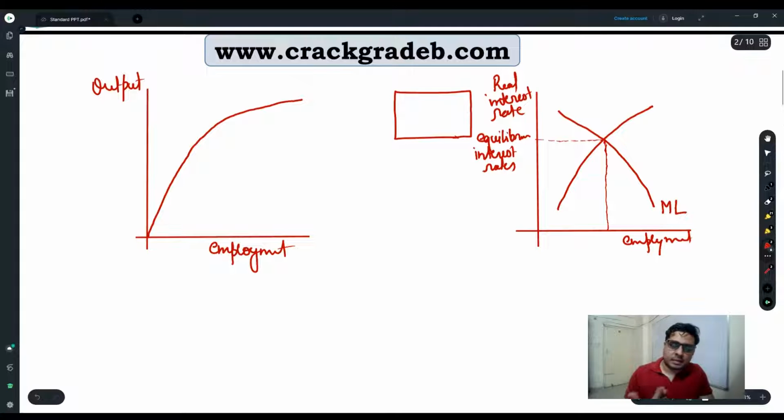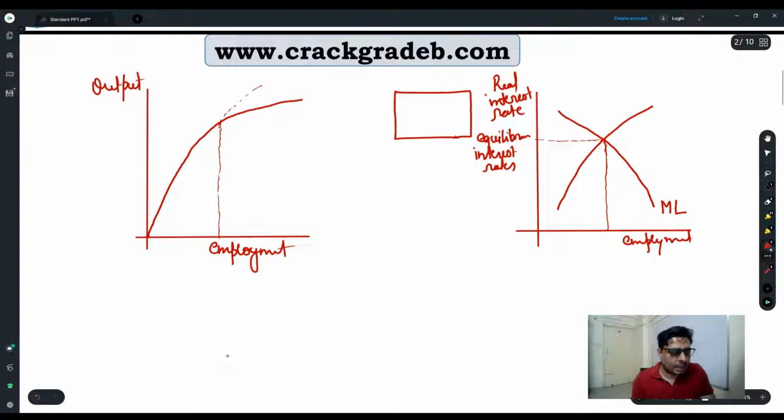Why is the equilibrium interest rate very important? If you get this idea, then it is easier to understand why this curve becomes steeper. Earlier it was rising at a very high rate. Later on, from here you can see that rather than going in this way, it started bending in this way.